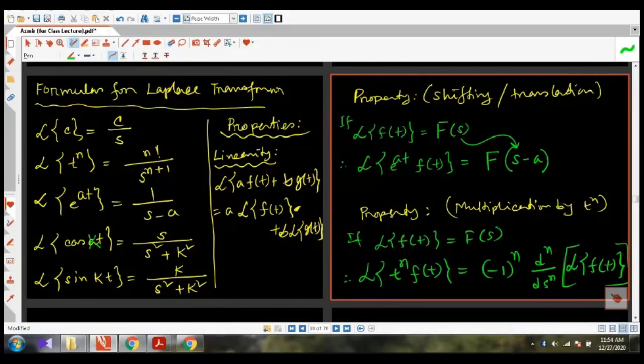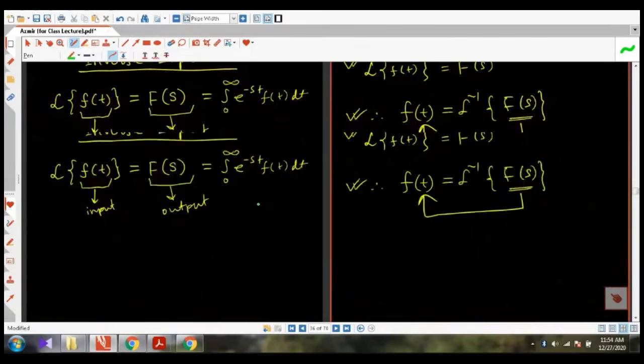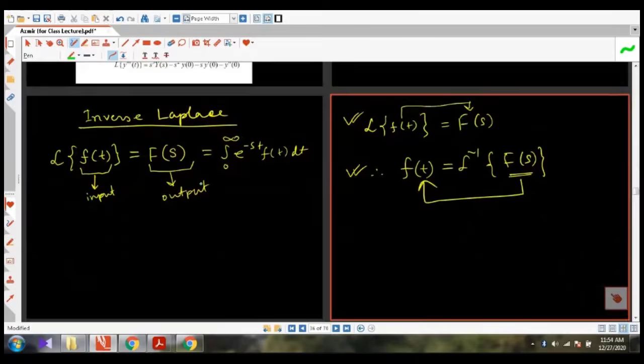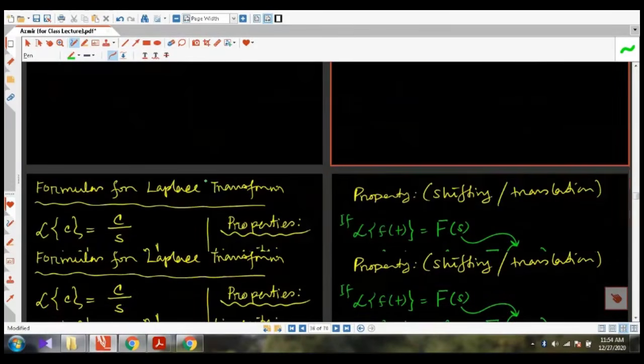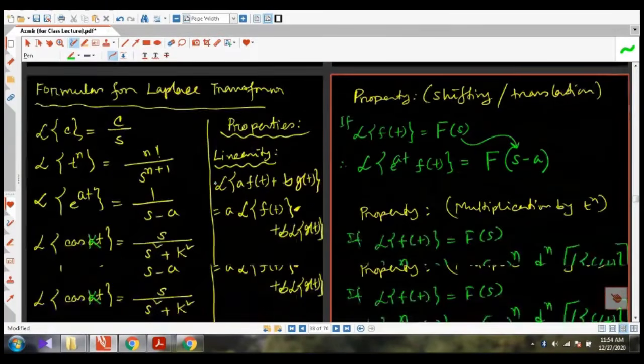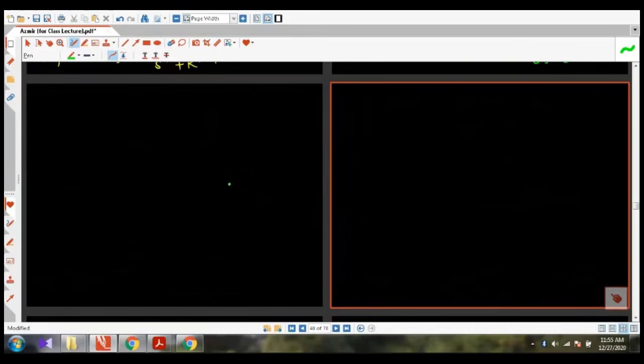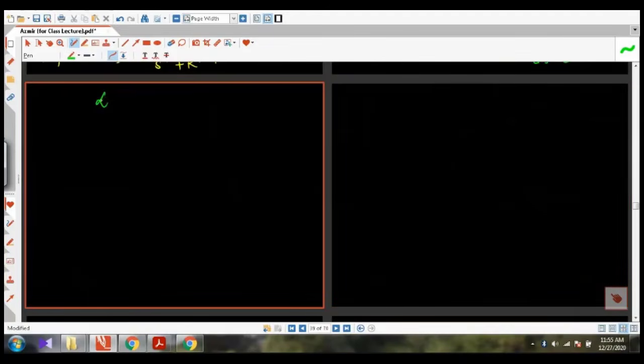And now our target is to look at inverse Laplace transformation and how to deal with inverse Laplace transformation problems. So first of all, let's have a look at the formulas.